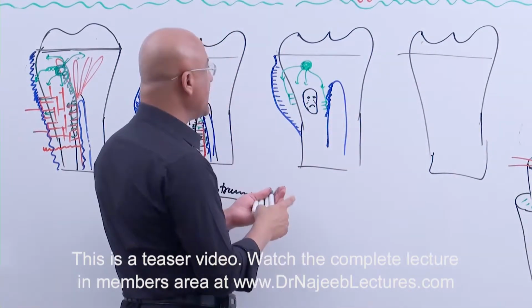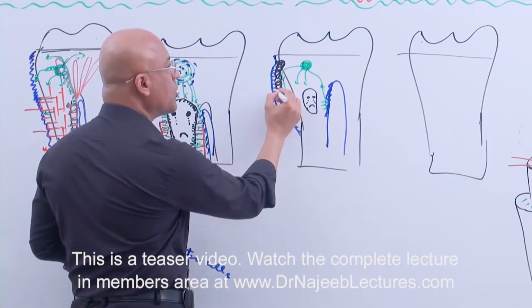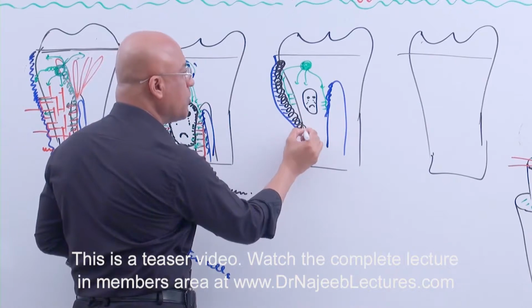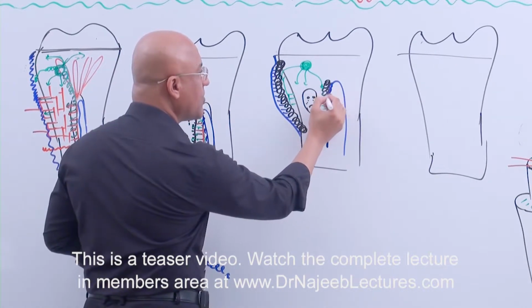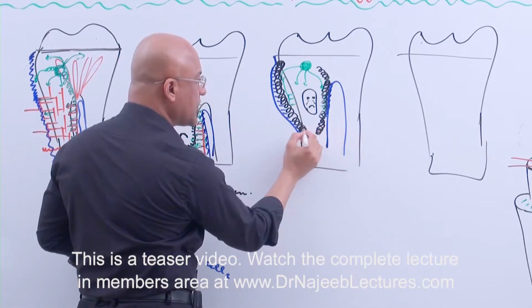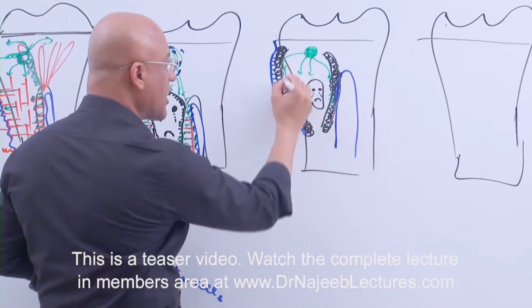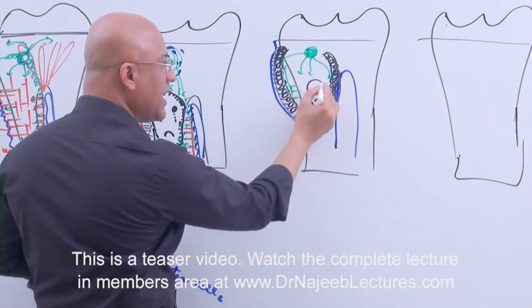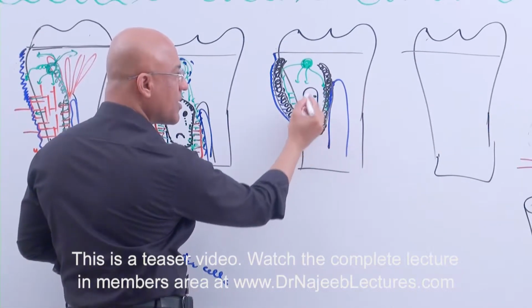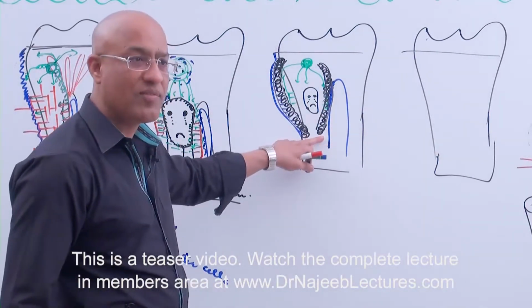So on both sides, the cells become active and start making new bone. This is called reactive bone formation. This reactive bone formation makes a sleeve around the pus and sequestrum. This is new bone formation.